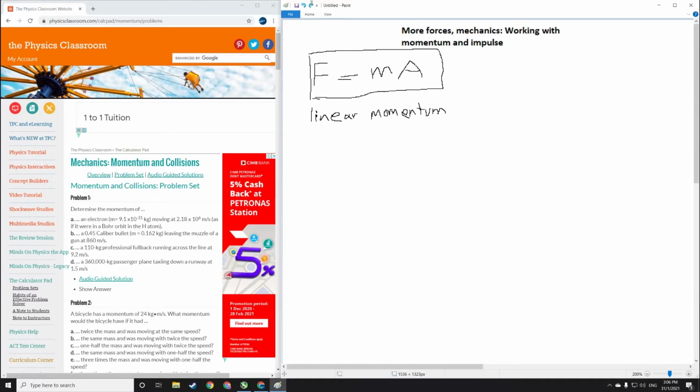But just do note that it is linear momentum specifically, and not just any momentum. And here's how we define it. P, which is the momentum, is equal to the object's mass times its velocity. So here we have mass, and here we have velocity, and that's the momentum.